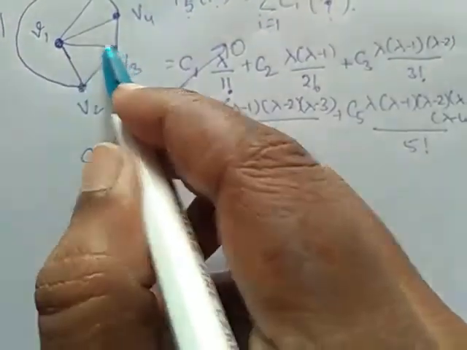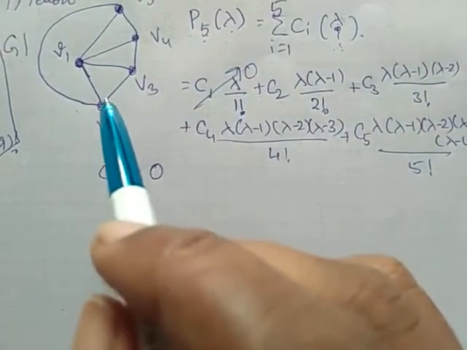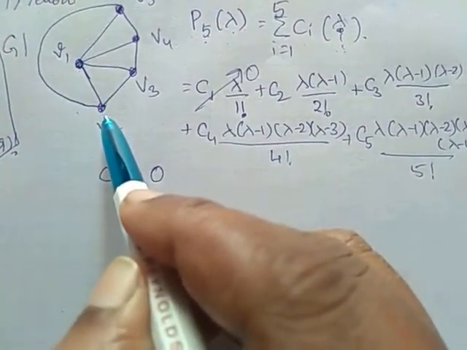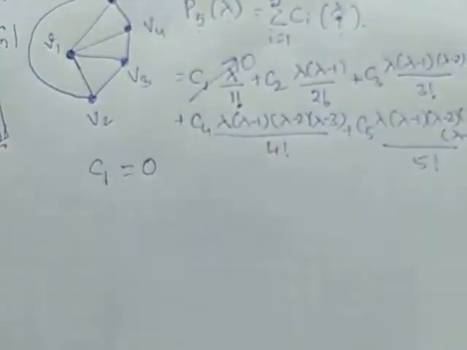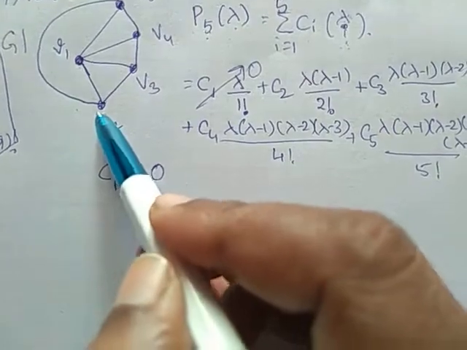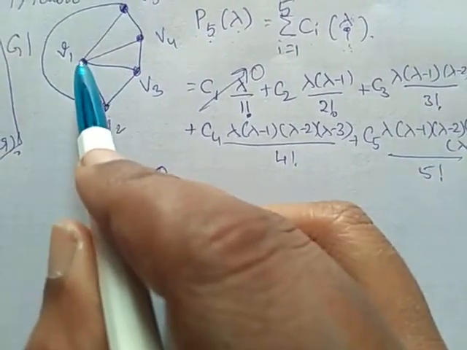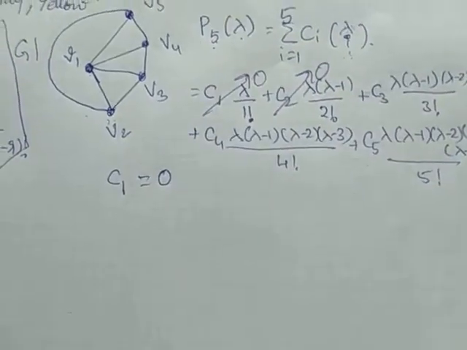Whenever we have a triangle, obviously here also we cannot color the graph properly using two colors. If I choose one color here and a second color here, this should be some other color because V3 is adjacent to V1 and V2. Using two colors, we cannot color the triangle properly. Therefore, C2 is also 0.